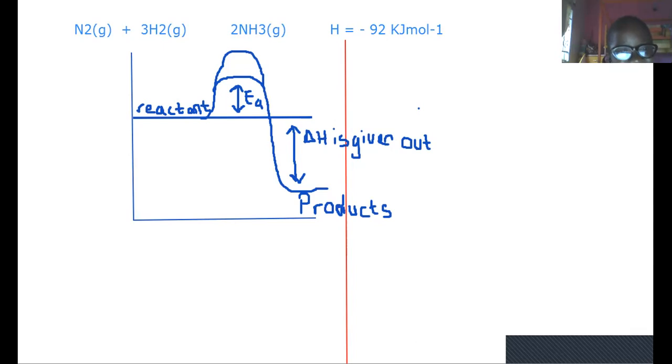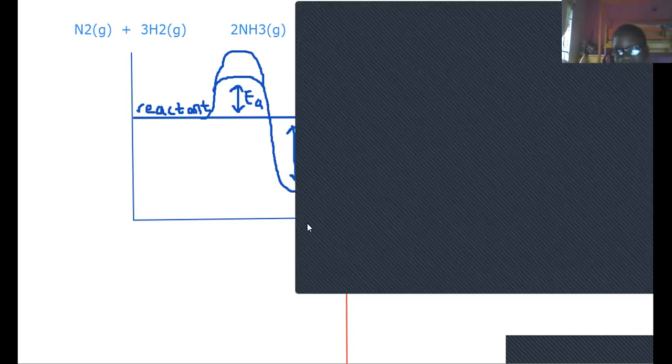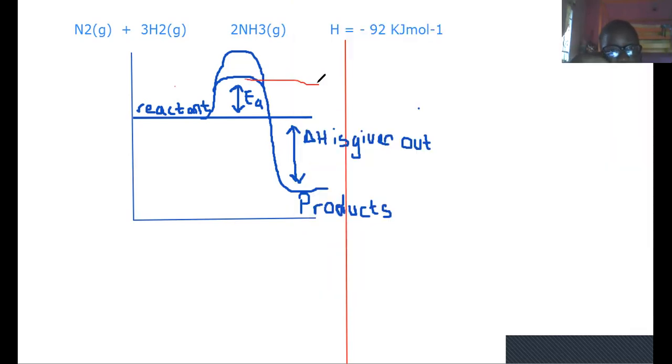Now what that means, exactly what you just did: this is the activation energy with catalyst, but from here downward is the activation energy without a catalyst. You put the activation energy without catalyst on this other side.